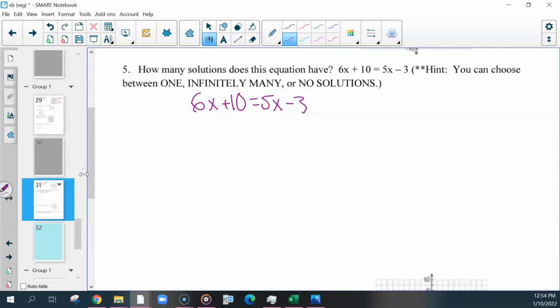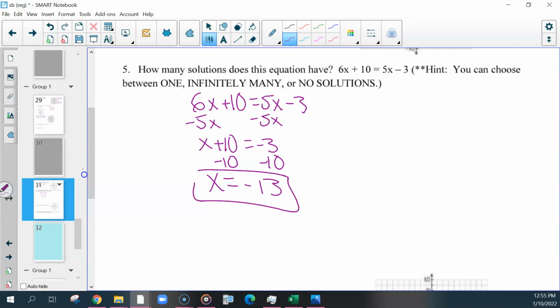Does not matter which side that is. I'm going to start this off by moving my 5x over by subtracting it to the other side. And then taking my 10 and moving it to the other side by subtracting that. So you have x equals negative 13.